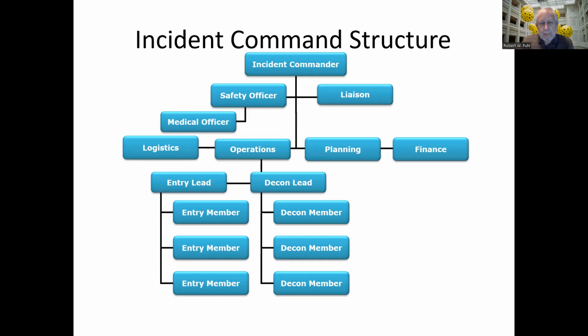You've got the incident commander at the top, the safety officer, and the medical officer reports to the safety officer. Then any liaison, that might be whoever deals with the public. Then you have your logistics, operations, planning, and finance. You notice operations has the most beneath it: entry lead, decon lead. These are all the decon members, entry members. So they have the most of the resources, or most of the people who are going to come under operations.